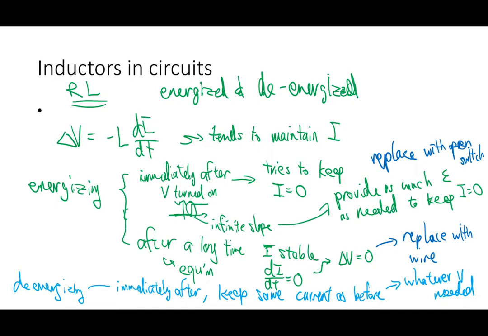We would ask you things like immediately after we switch the switch. They use some fancy single pole double throw kind of thing just to avoid momentary disconnection, but effectively it's the same, right? We're looking at immediately after or after a long time. We replace it with certain simpler components, and then we do Kirchhoff's rule just like before. Very, very similar to the RC circuit.